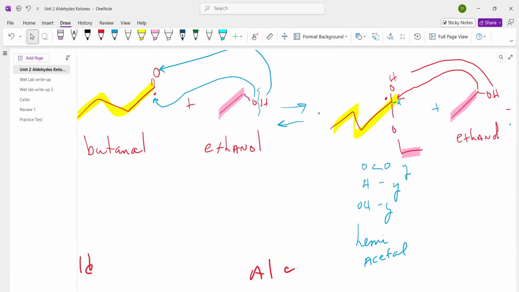When we reverse this hemiacetal reaction, we end up with an aldehyde. That aldehyde then can be oxidized. Because remember, aldehydes can be oxidized, they can combine with alcohols, they can be reduced.